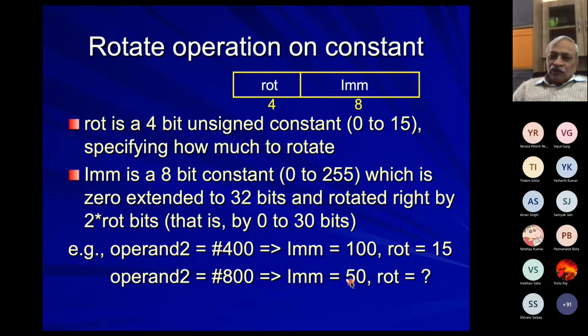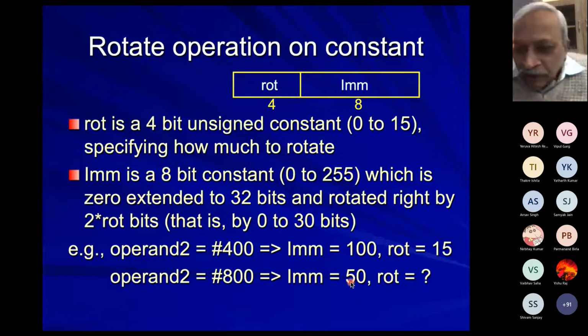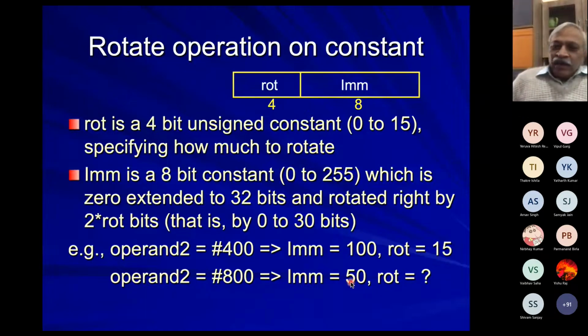Multiplying by 16 means a 4-bit left shift, which is equivalent to a 28-bit right shift. Sorry, not shift, rotate. So which is equivalent to a 28-bit right rotation. And therefore the ROT field could contain half of that, which is 14.